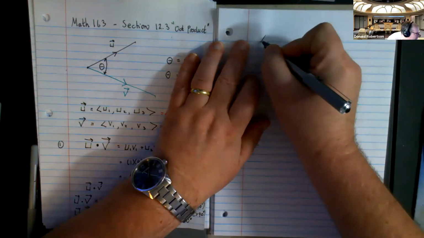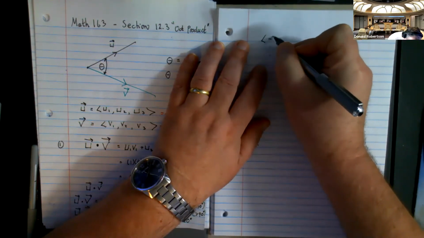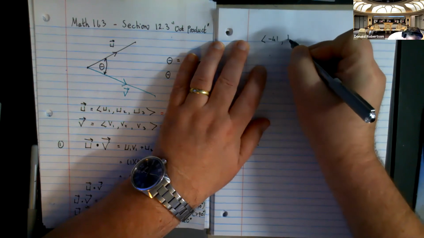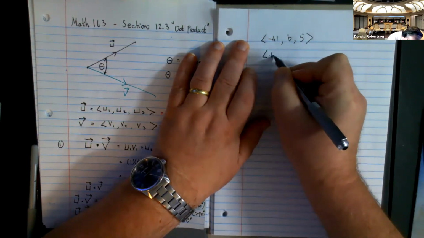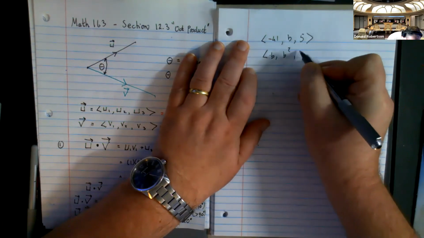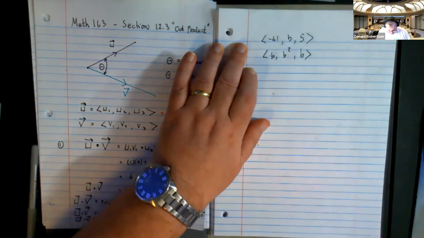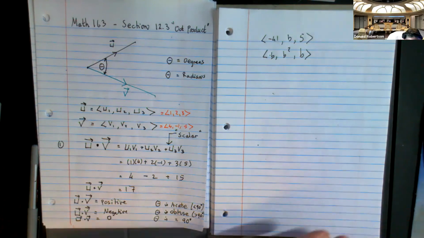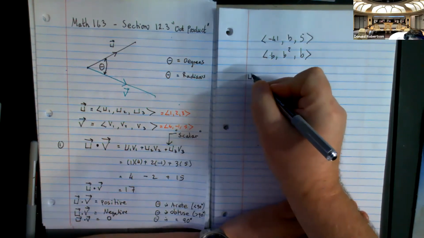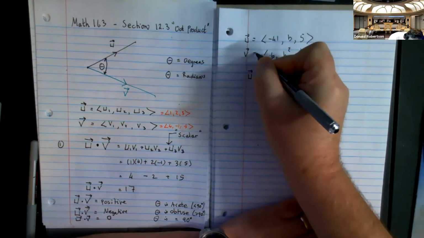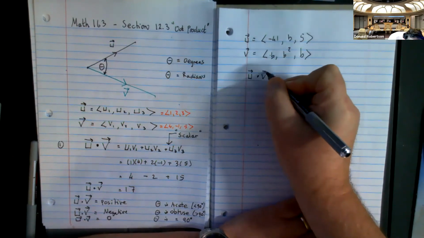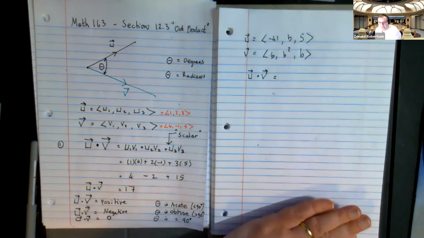We get 2 vectors, -41, b, and 5. And the other vector is b, b squared, and b. Call this U, I'll call this V. And I would like to know the dot product.